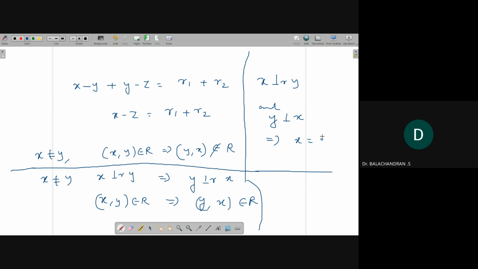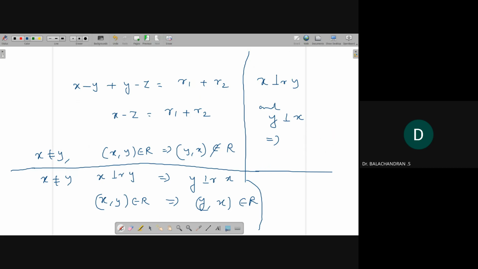X is perpendicular to y and y is perpendicular to x, then we can't say x is equal to y. This implies x not equal to y will come. So you can't say x is equal to y.